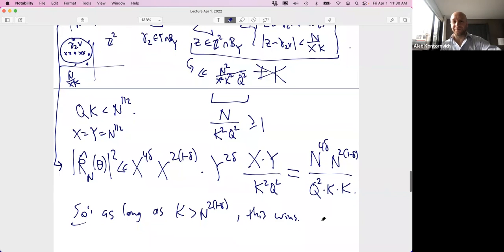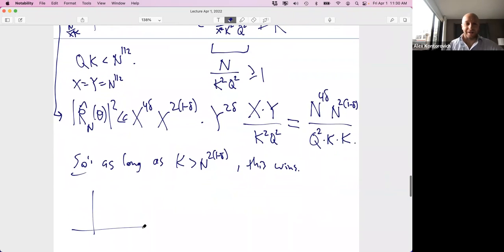Okay. So going back to our picture of alpha and kappa, kappa, alpha, a half. This K0 had better be so small that it's smaller than whatever this exponent is.